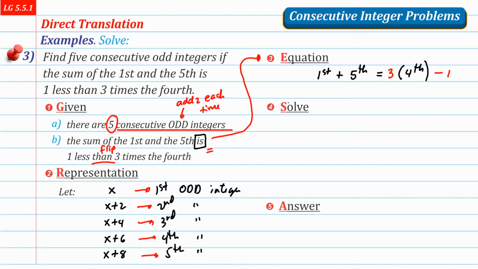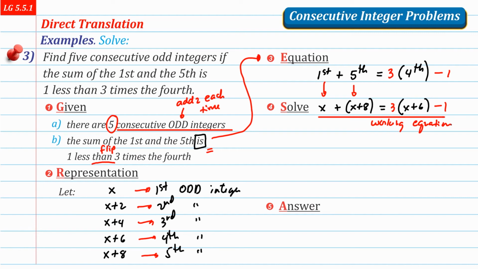Substitute. The first is x, plus the fifth, be careful, x plus 8, equals 3 times the fourth, x plus 6, and then minus 1. This is our working equation.